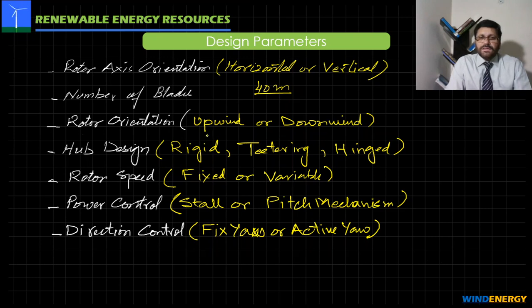Specifically this is for the upwind wind turbine, because for downwind wind turbines there is no requirement of a yaw mechanism, because the wind turbine direction changes automatically along with the change in the direction of the wind. But you need some mechanism for direction keeping for the upwind wind turbine. So you have to add some additional profile with the nacelle.